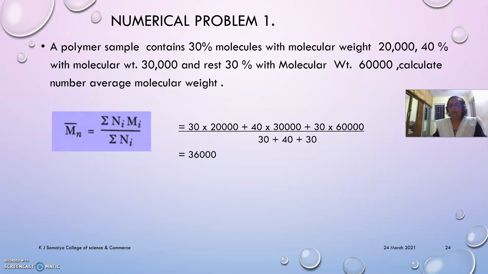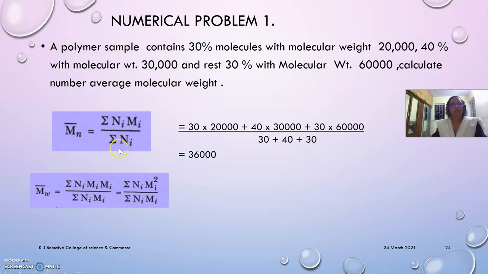Now let us see how we calculate the weight average molecular weight. For the weight average molecular weight, the formula is summation of Ni Mi, that is weight. So the Ni in the number average molecular weight is replaced with Ni Mi in the weight average molecular weight, and then the denominator also is weight.